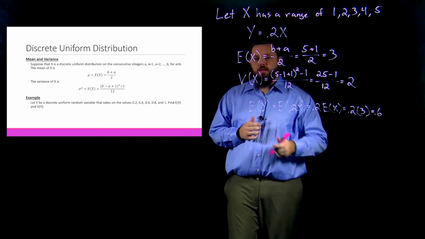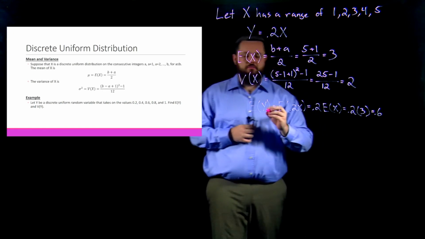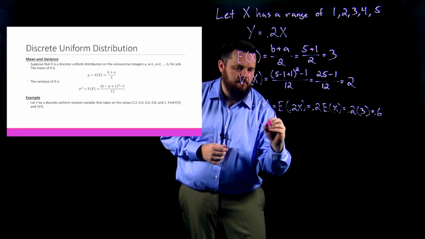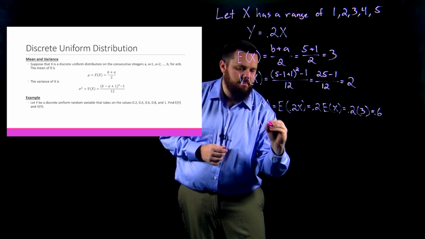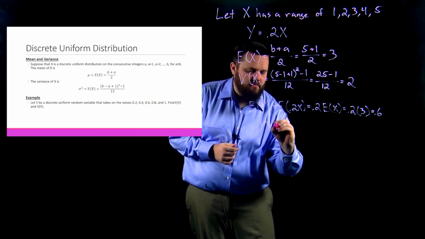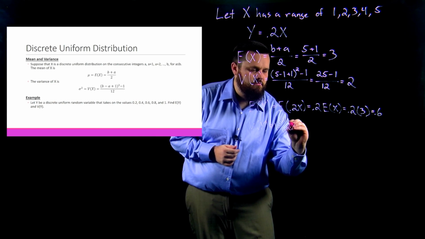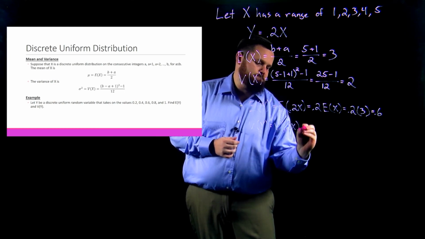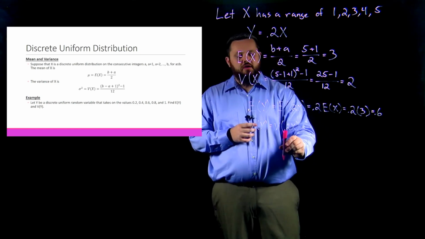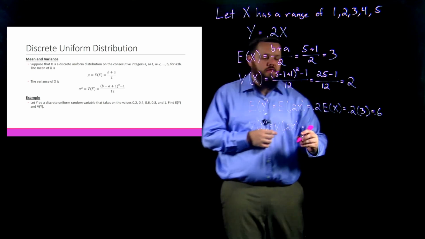Now, we can also use this to find the variance of y. So the variance of y is going to be equal to the variance of 0.2 times x. Now, when we're dealing with variance, when we have a constant and we pull it out, we have to square that constant.